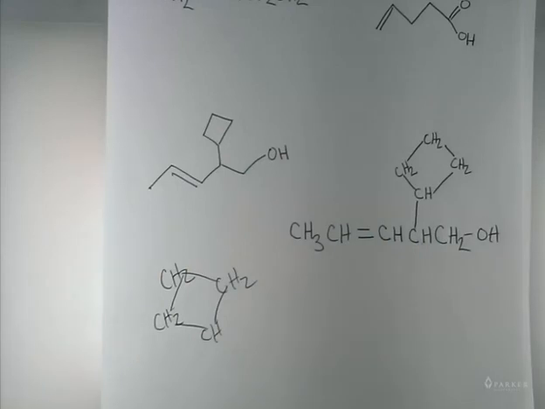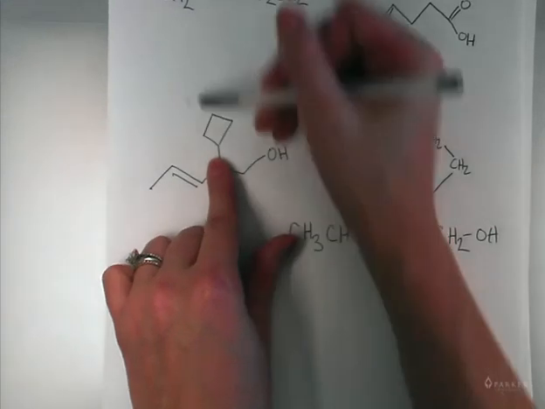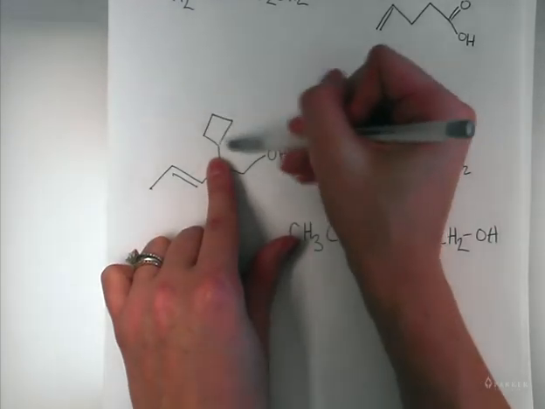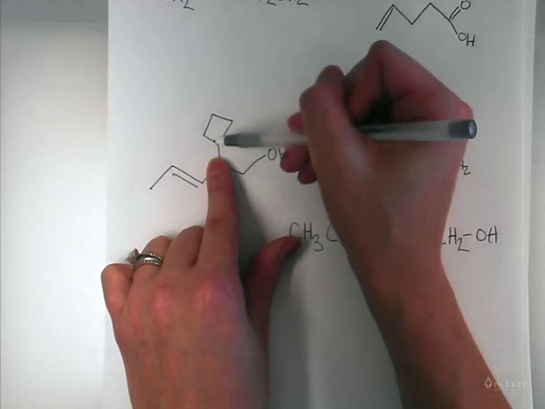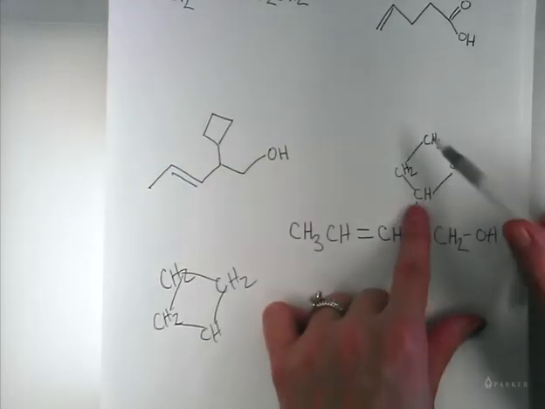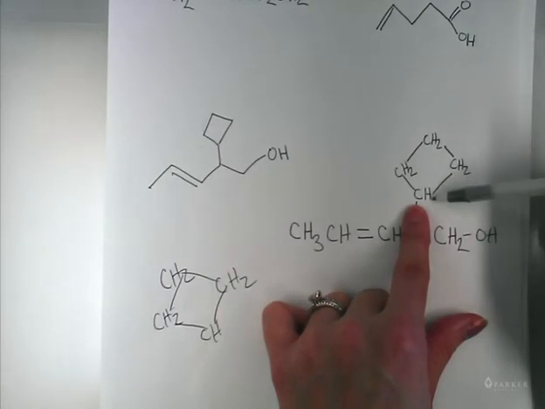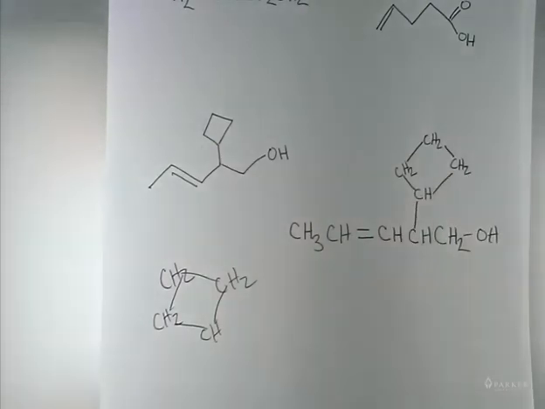So you can always tell if something's cyclic. Either it's drawn like this, where you see it's circular and connects back to itself, or it's drawn like this, where you can see the hydrogens, but it's still connected all the way around to itself. And let me show you more of those here.